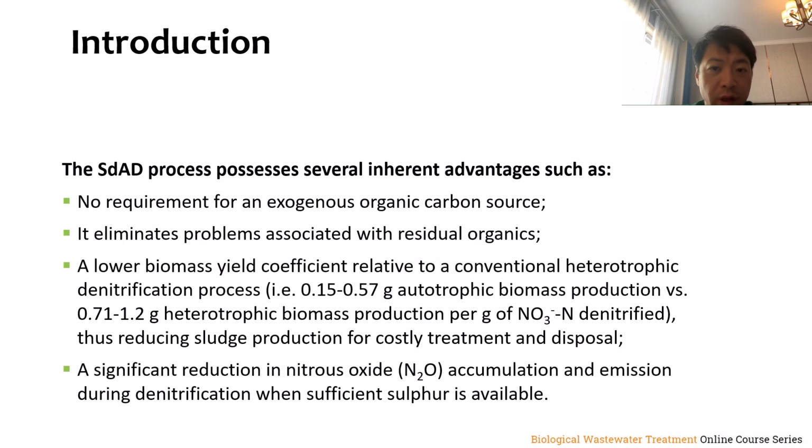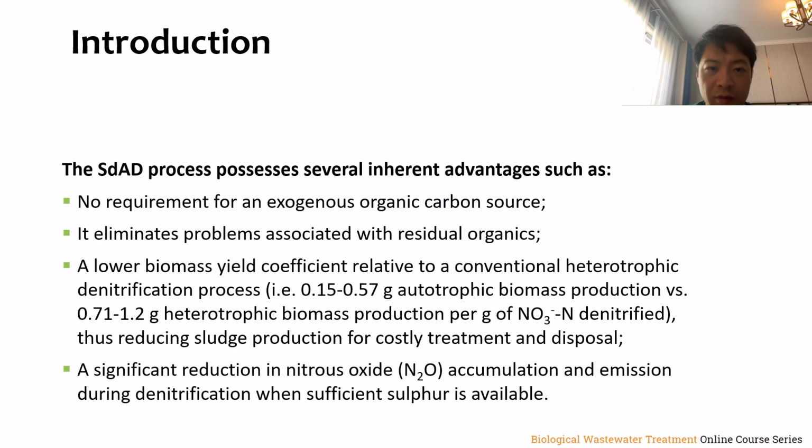Unlike traditional heterotrophic denitrification, sulfur-driven autotrophic denitrification does not require an external organic carbon source. This is a significant benefit as it eliminates the need to add costly organic compounds. At the same time, it also does not contribute to the problem of residual organics, since it does not rely on organic carbon, leading to cleaner effluents.